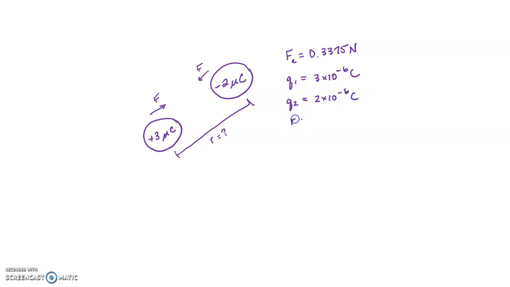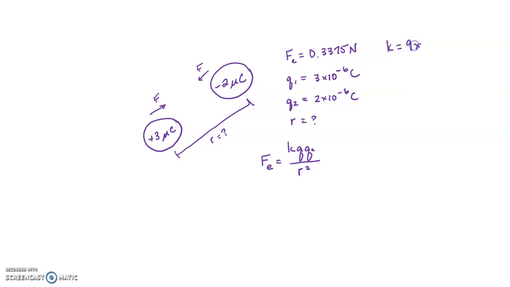And we want to know how far apart they are. Well, the equation that we're going to be using is Coulomb's law. So electrostatic force is equal to K Q Q over R squared. You can put this as a 1 and a 2, it doesn't really matter. Now this K value is just a constant.